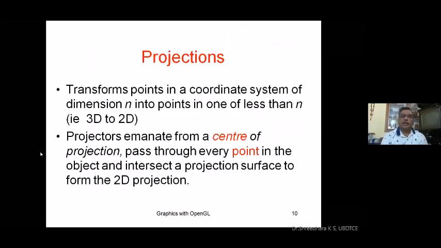But before that, let us look at the discussion of projections. I will try to discuss two important projections that we already discussed. One is called parallel projection, and the other is called perspective projection. So this projection transformation matrix, you are designing it.